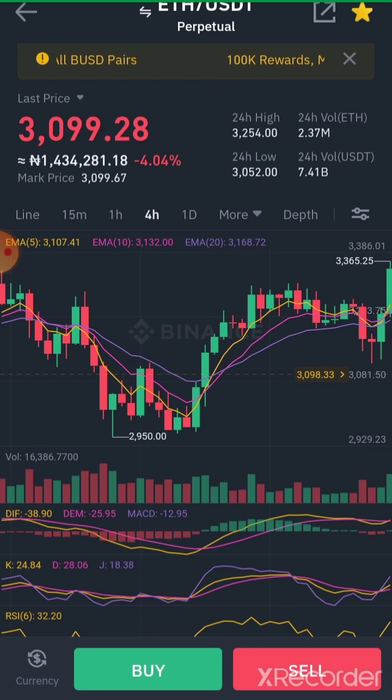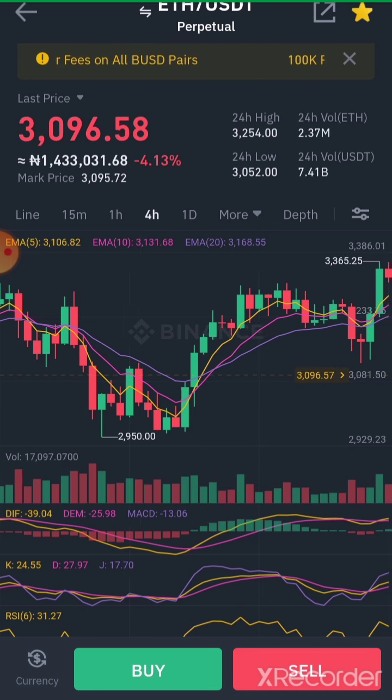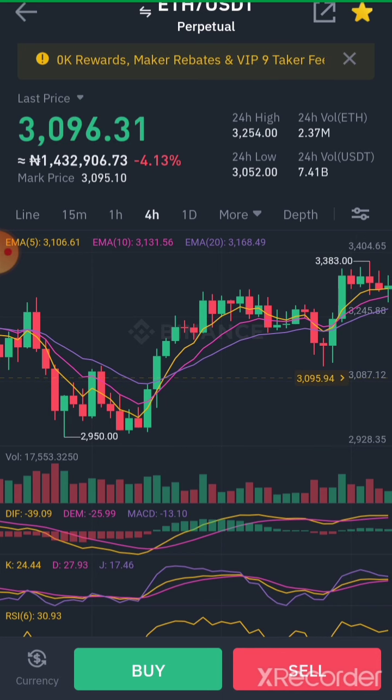The only difference is that it gives you data of recent price action, the recent price movement. So, like I said earlier, they are lagging indicators.